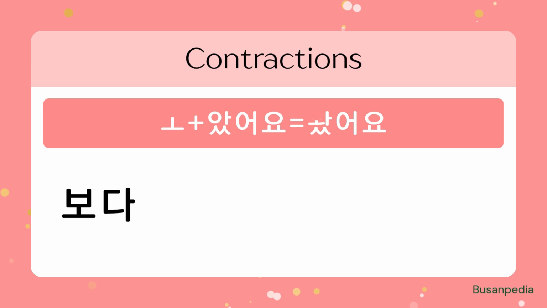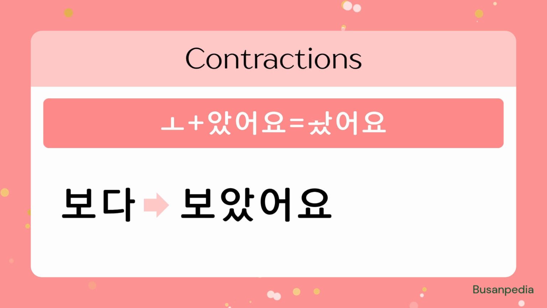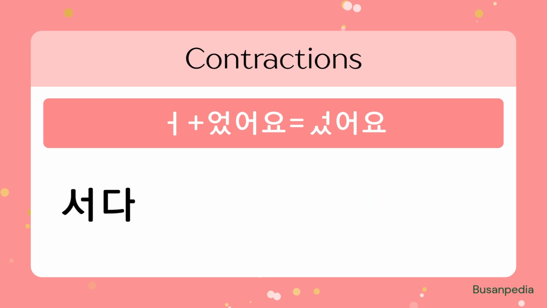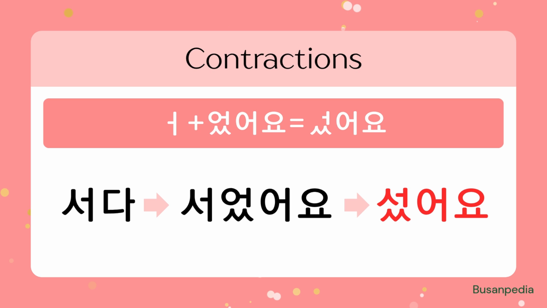So with 보다, you get 보았어요, which then shortens to 봤어요. When the last vowel of the stem is 어 and it meets 었어요, it contracts to 었어요. For example, the past tense of 서다 becomes 섰어요 after contracting from 서었어요.